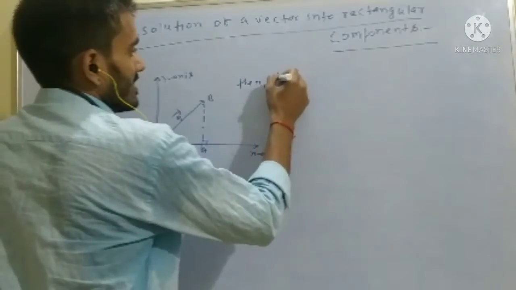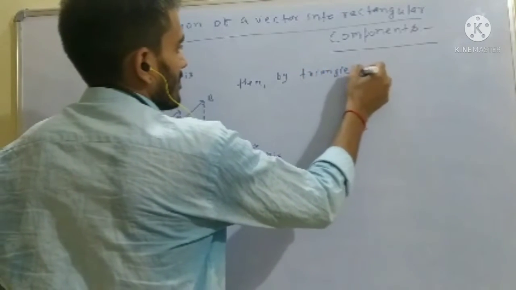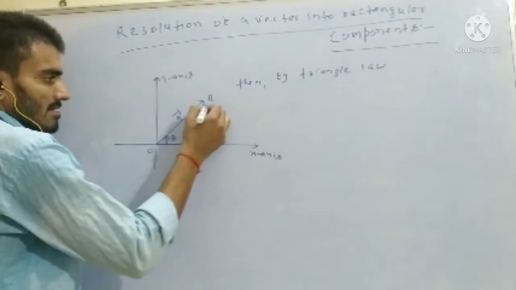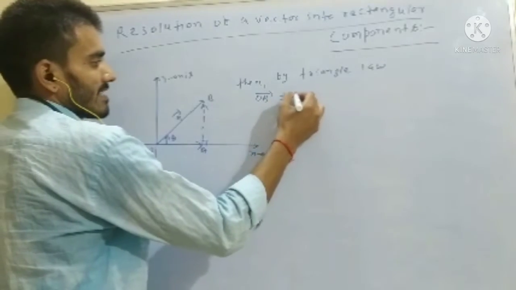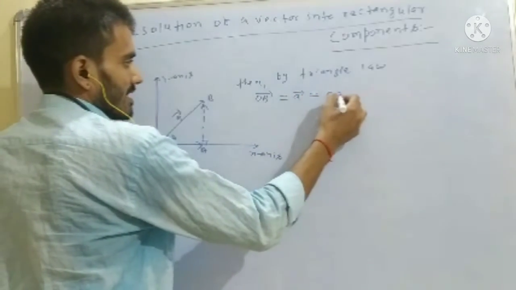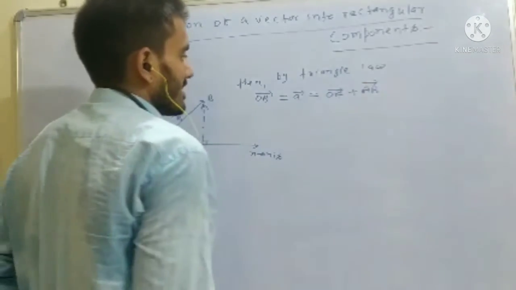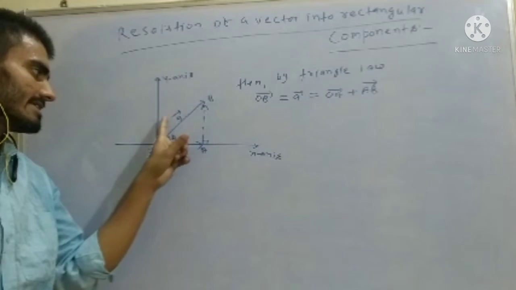Then by triangle law, OB vector equal to A vector equal to OA vector plus AB vector. By triangle law, tail to head equals A vector.